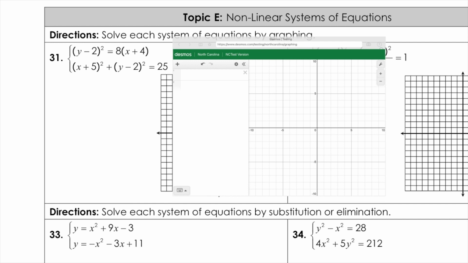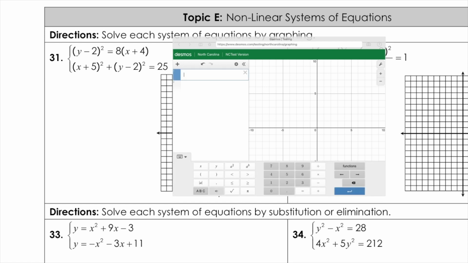Solving by graphing is very simple, especially if you're using Desmos, because you can build your system completely in Desmos. The first component of my system is y minus 2 squared is equal to 8 times x plus 4. You don't have to clean them up very often, if ever.